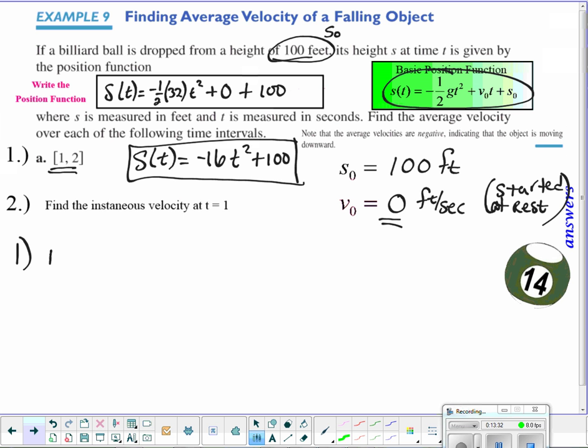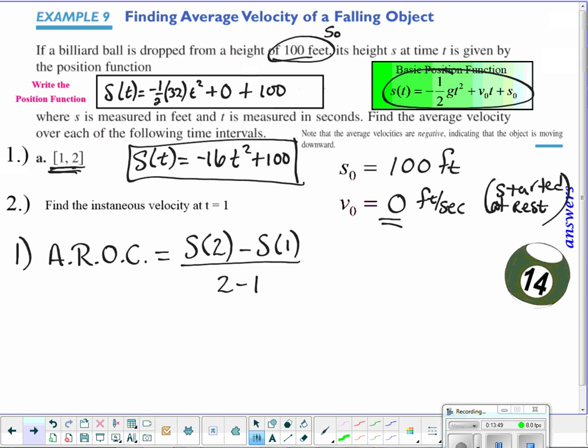Problem number 1 asks for the average rate of change. I can find that by going s of, we're on the interval from t being 1 to t being 2, so let's start at the end, the position at the end minus the position in the beginning, divided by the time that expired. So I'm going to have a 1 on the bottom.